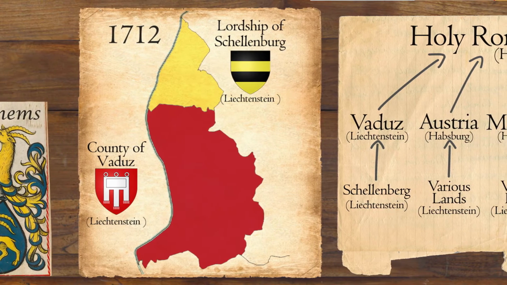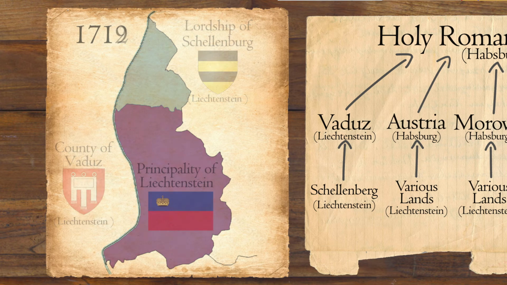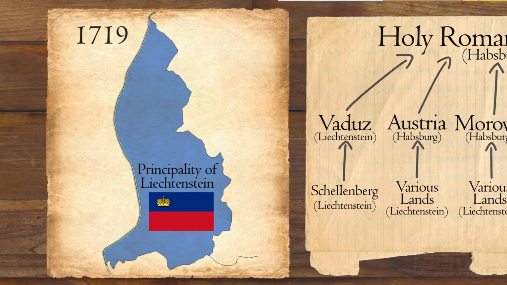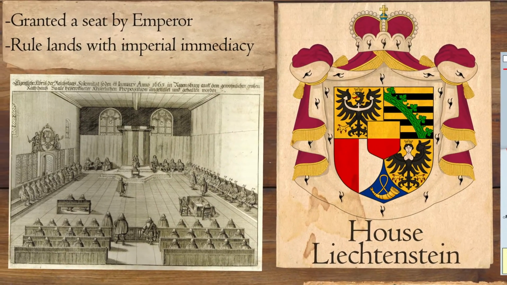Now controlling both the lordship of Schellenberg and the county of Vaduz, the Liechtenstein family finally ruled some land under imperial immediacy. Their lands in the lordship of Schellenberg and the county of Vaduz were combined into a principality, which took its name after the new ruling family. And they finally gained their seat into the Reichstag.